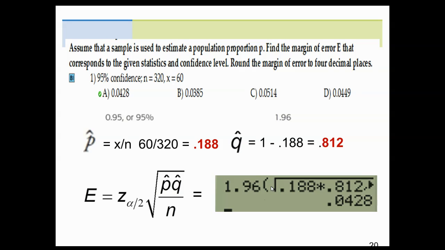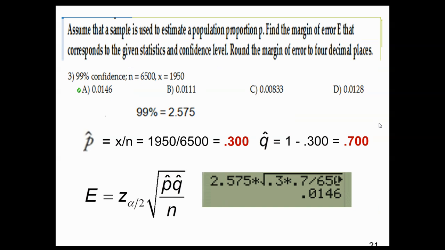It's times the square root of p hat, which is 0.188, times q hat, which is 0.812. What you're not seeing is the division sign and dividing by n, which is 320. You're not seeing the back end of this because the calculator is limited in space. Bottom line, 0.0428 is the error, and you can see it's right on the money.